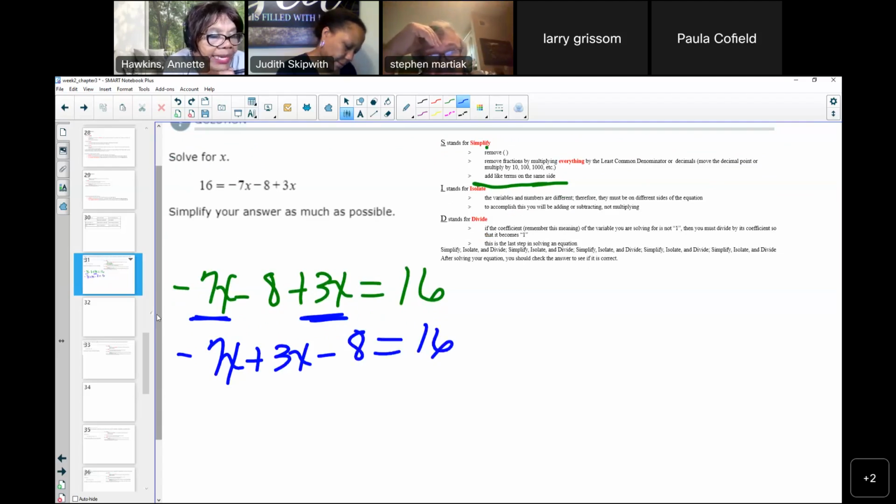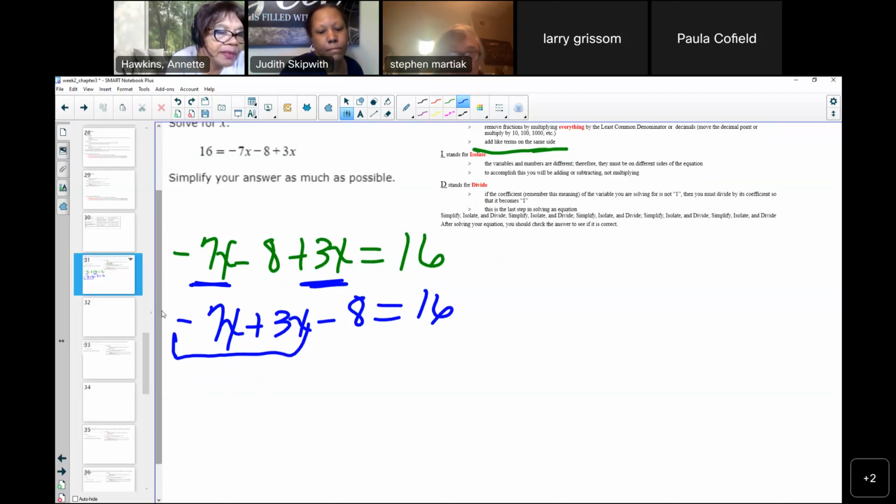Combine them for me and tell me what you get. So negative 7x plus 3x is how much? Okay, negative 4.